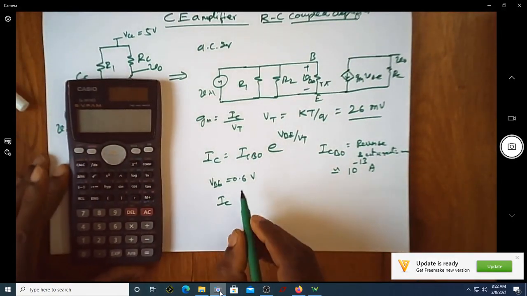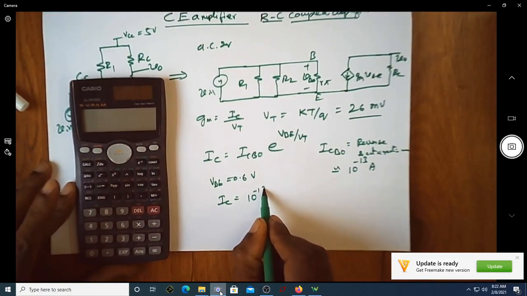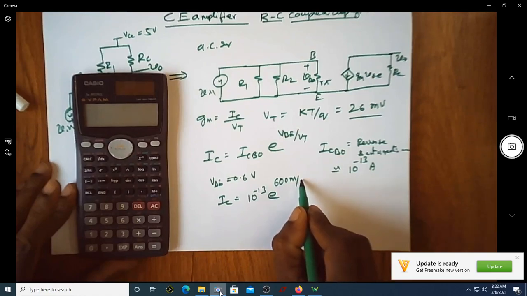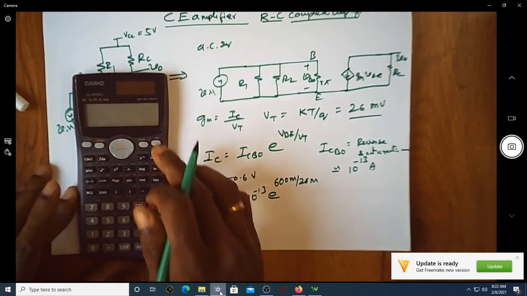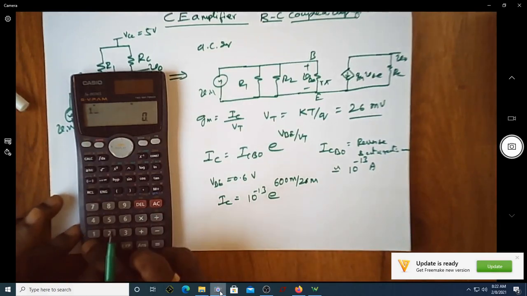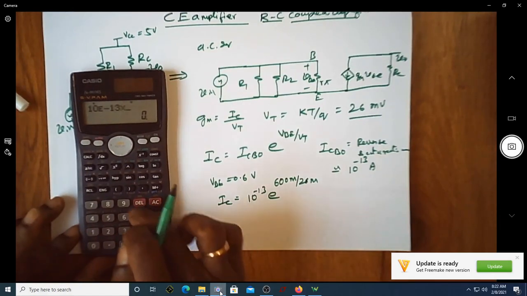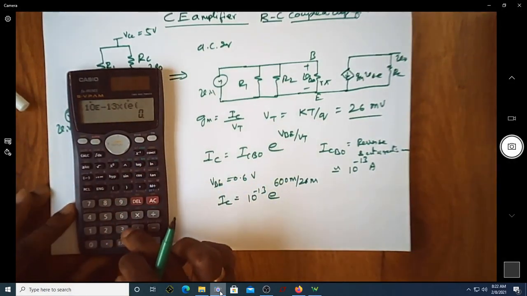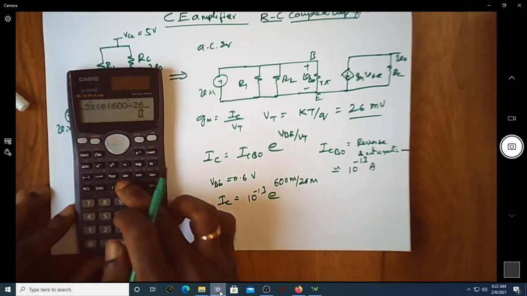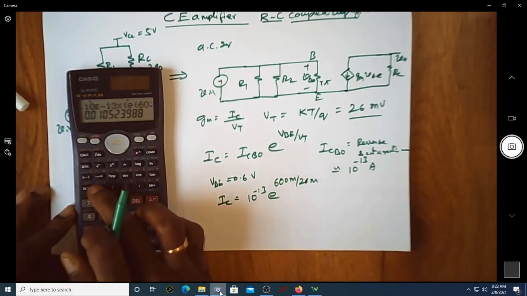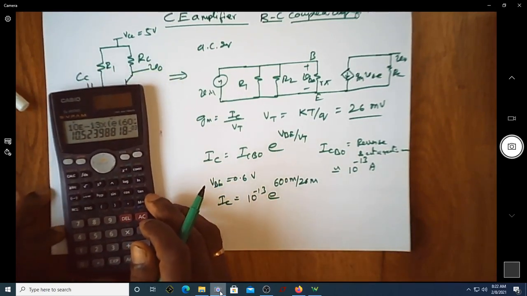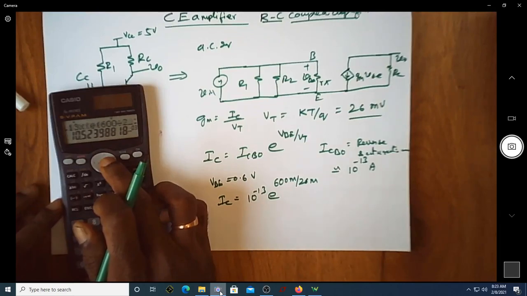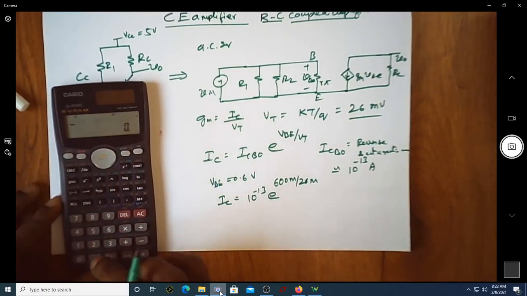So I can find this as 10 power minus 13 into e power 600 millivolt divided by 26 millivolt. So the value is 10 exponential minus 13 multiplied by exponential 600 divided by 26. Let me redo it.